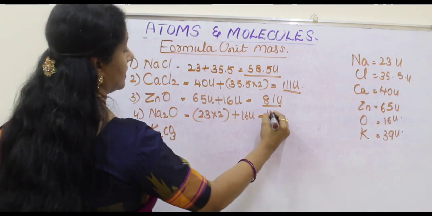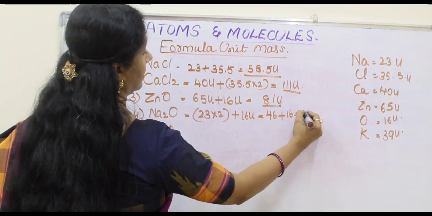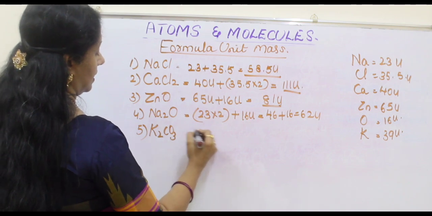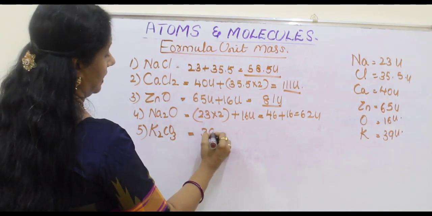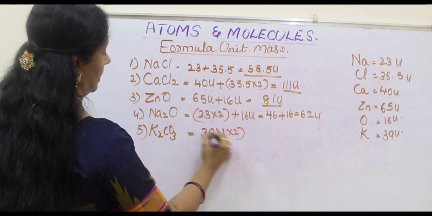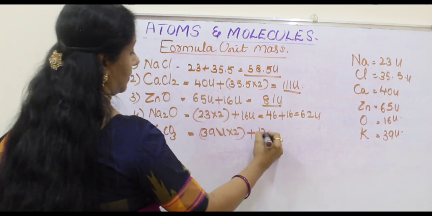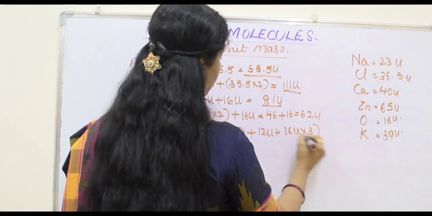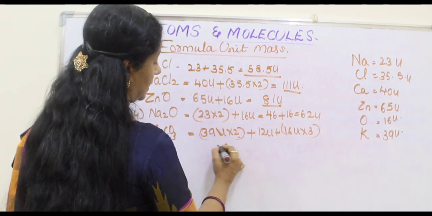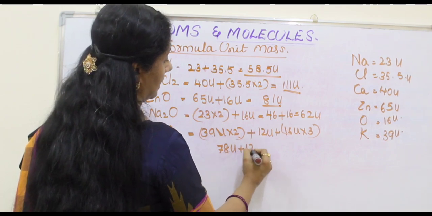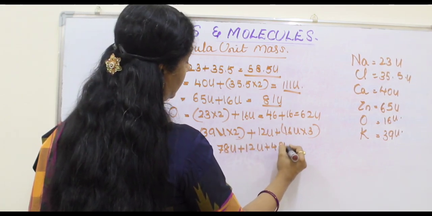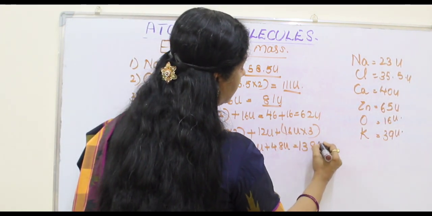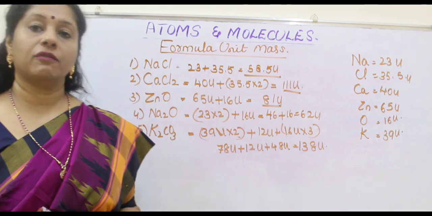So 46 plus 16, 62U. Potassium carbonate, K2CO3: potassium is 39 units into 2 plus carbon is 12 units plus oxygen is 16 units but into 3. So 78 units plus 12 units plus 48 units. So 90 plus 48, 138U. This is how we calculate formula unit mass.